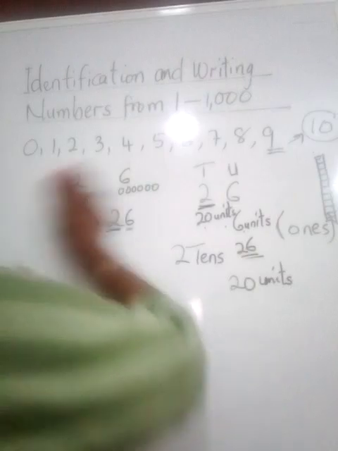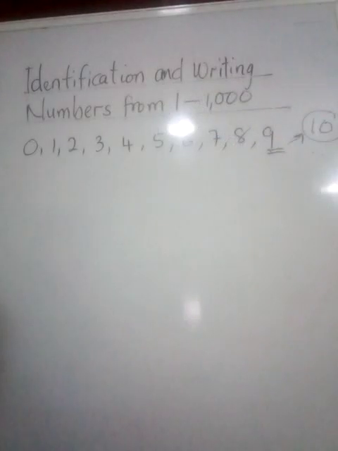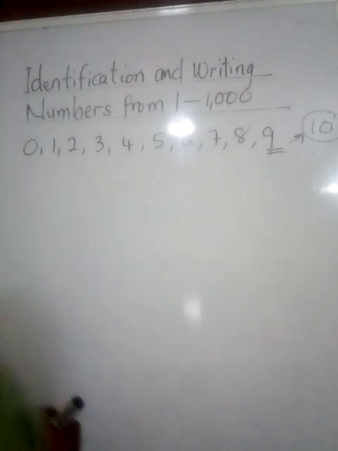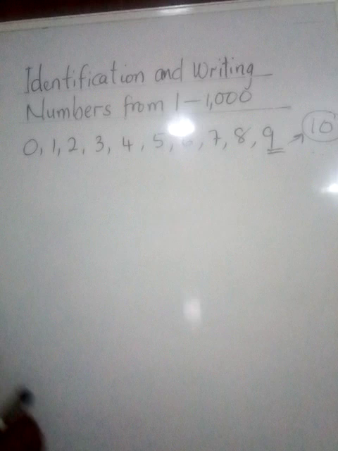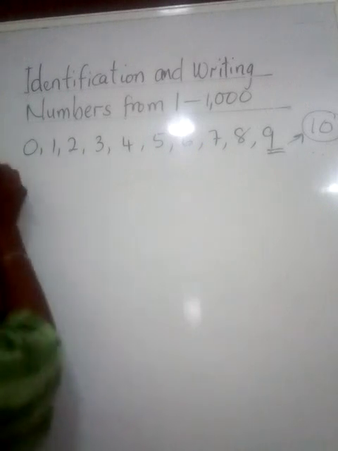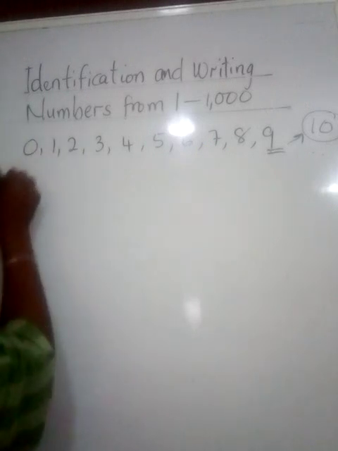So let's take, we're going to work from, this is grade 3 and 4, so we're just going to start from a number like 101, okay? We're working towards 1000. So let's start from 100.